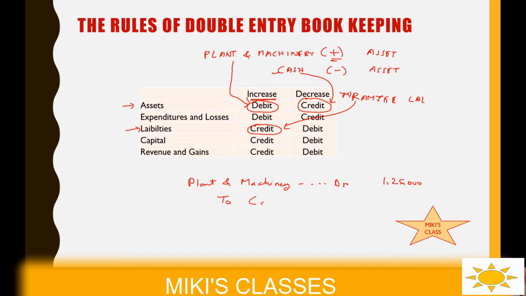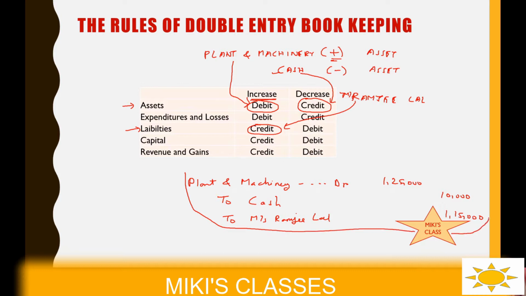So first I'll write cash. How much was the amount? 10,000. And there's another, because there are two accounts to be credited. To Messrs. Ramji Lal. How much is that one? That is the balance, 1,15,000. So this is the journal entry now for this transaction.